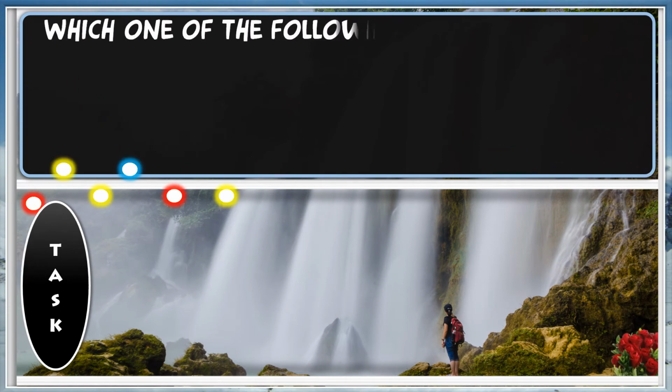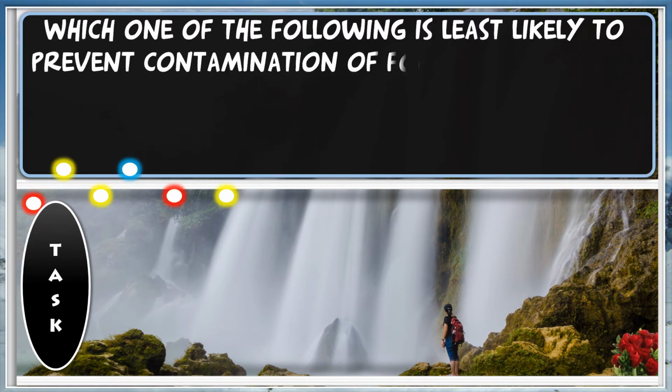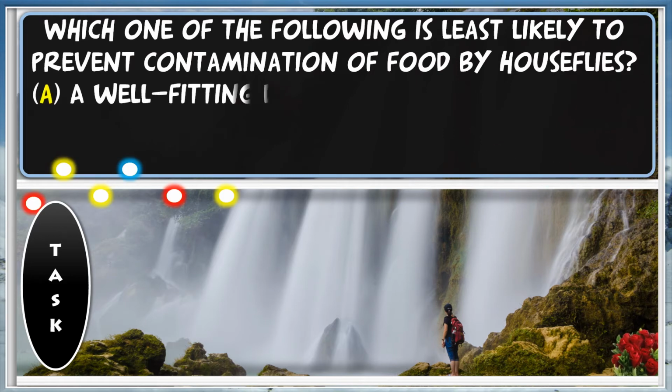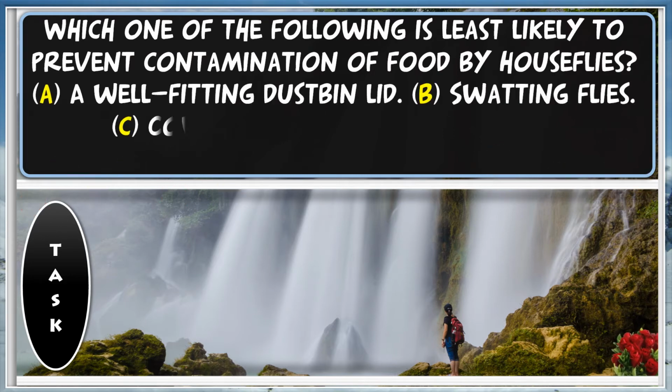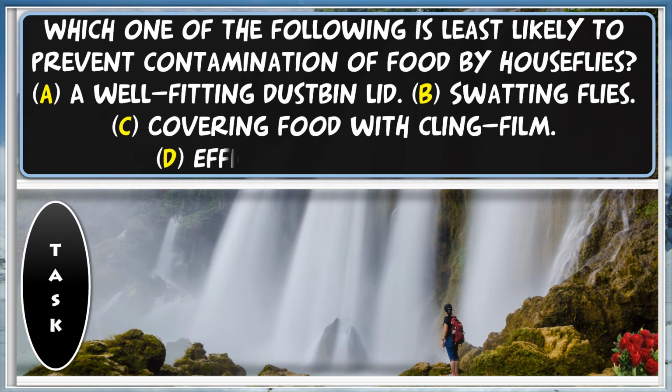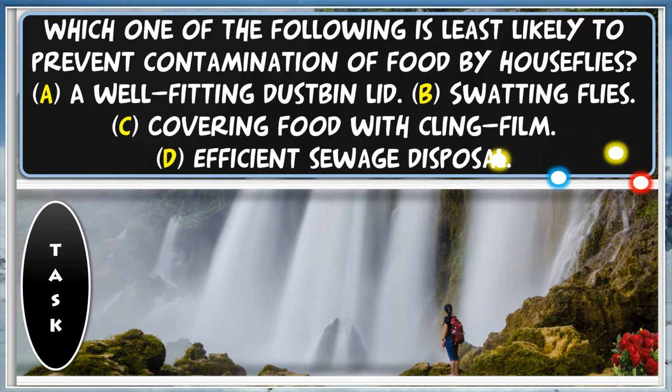Which one of the following is least likely to prevent contamination of food by housefly? A. A well-fitting dustbin lid. B. Swatting flies. C. Covering food with cling film.